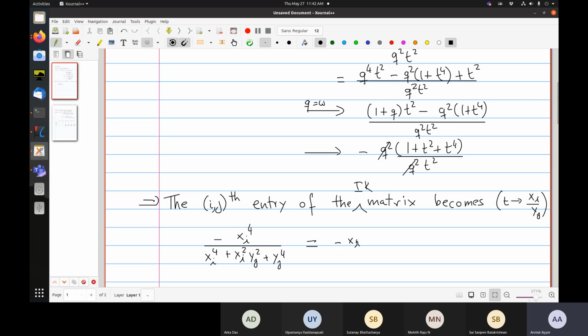So there's a minus xi to the 4, which I'll keep outside, and I'll write this as yj to the 6 minus xi to the 6.